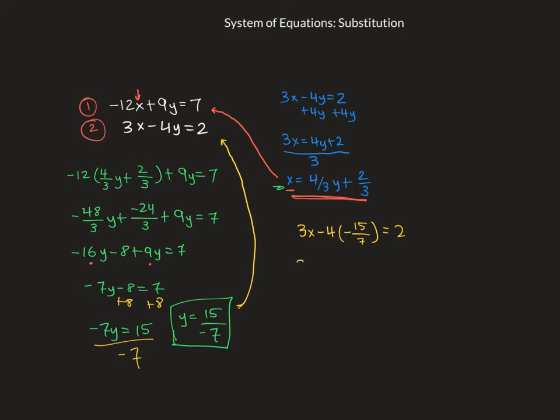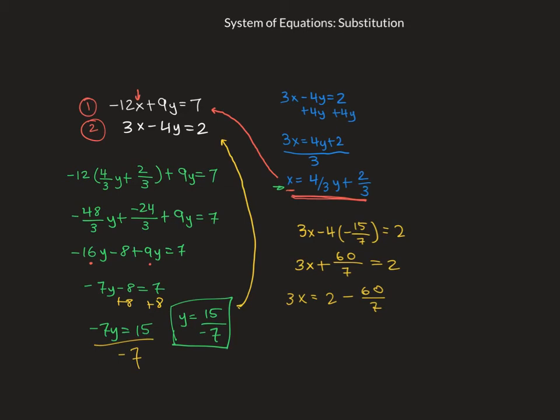Now we can distribute, so 3x plus 60 over 7 is equal to 2. 3x is equal to 2 minus 60 over 7. And then we can go ahead and just add the like terms.